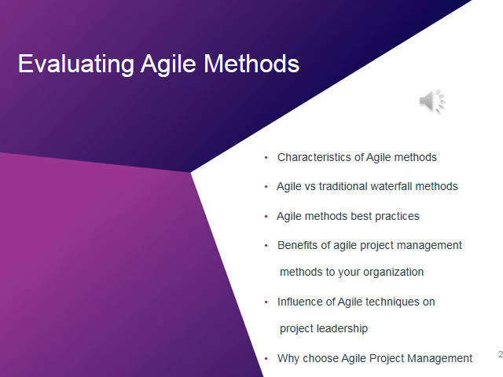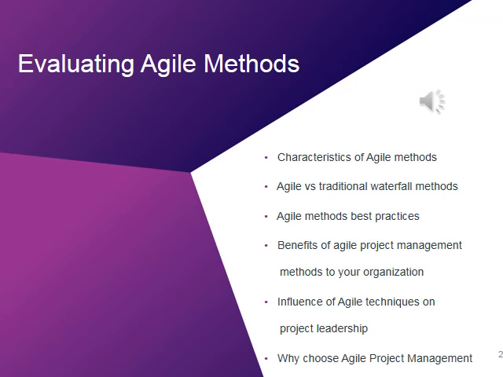To get a good understanding of the Agile project management method, we're going to go over several different bullet points. First, I'll be describing the characteristics of the Agile project management method. Then, we'll go into some of the differences between the Agile and traditional waterfall methods to evaluate what projects are good for each method.